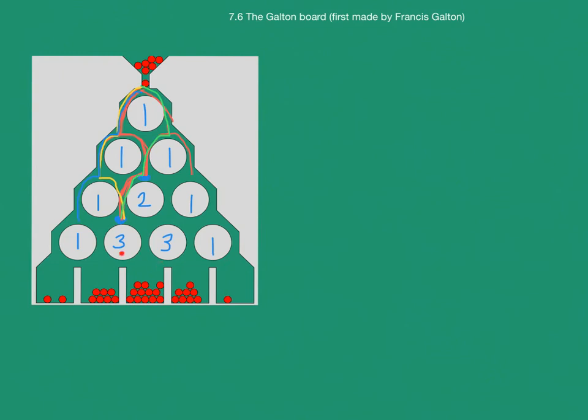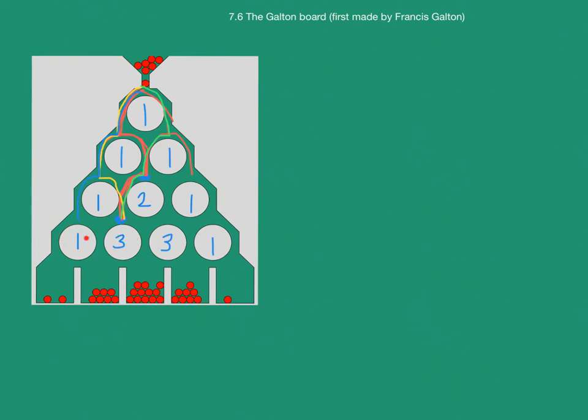And when we talk about there being more than one way of reaching a certain peg, it means that there's a higher probability that the ball is going to fall down on that peg than another peg with fewer roads leading to that peg. So there are 3 ways of getting to this peg.